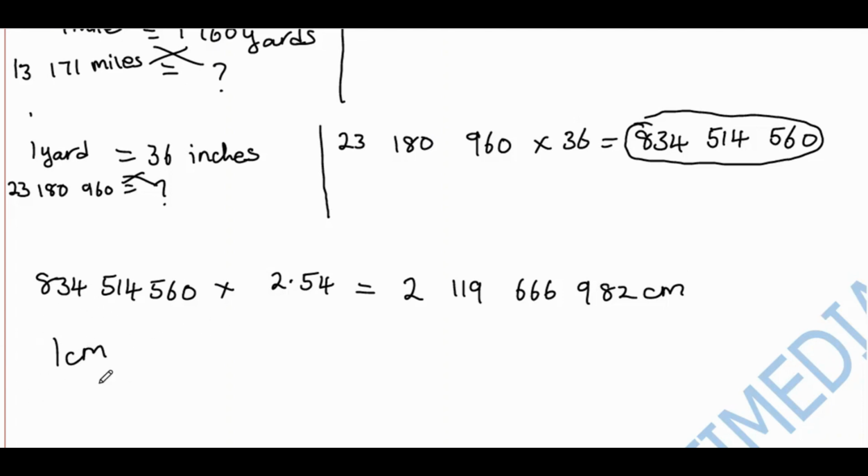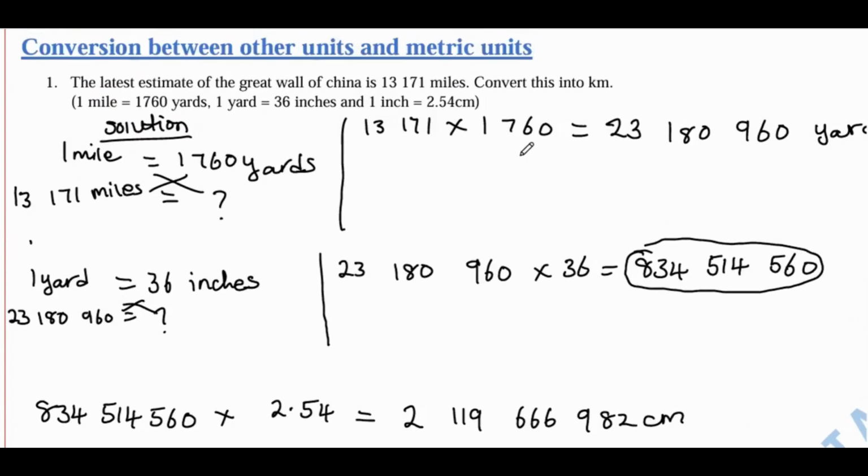And now, 1 centimeter is equivalent to how many meters? This is now a metric unit. It has a prefix here that we need to remove by substituting the prefix with its factor. So this one is equivalent to 1 times 10 raised to power negative 2 meters. And now, the answer was required in kilometer.